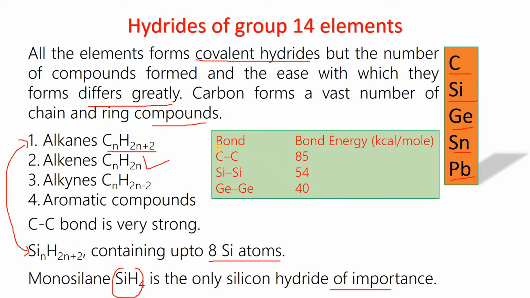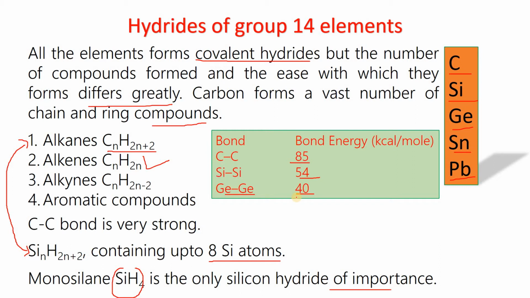If we talk about bond energy, the carbon-carbon bond has a bond energy of 85 kilocalorie per mole. The silicon-silicon bond is 54, and the germanium-germanium bond is only 40 kilocalorie per mole. As we can see, the germanium bond is roughly half as strong as the carbon-carbon bond.